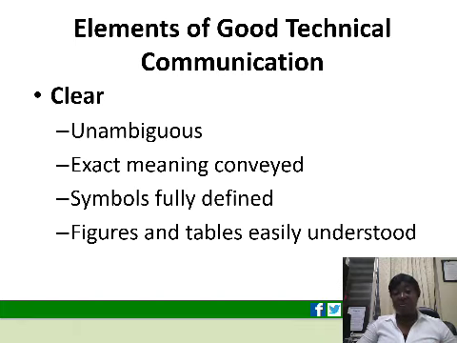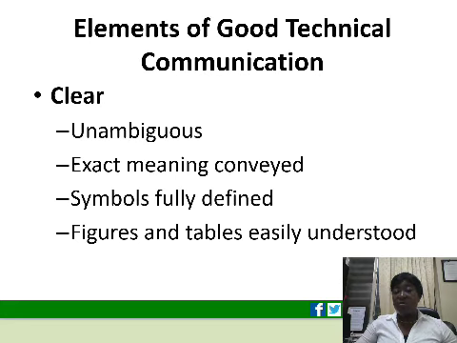So we just want to look at a few things about what to put in the report, because when we are assessing your report, we'll be looking at the technical content as well as how well you wrote the report. So for good technical communication, you must be clear and straight to the point.